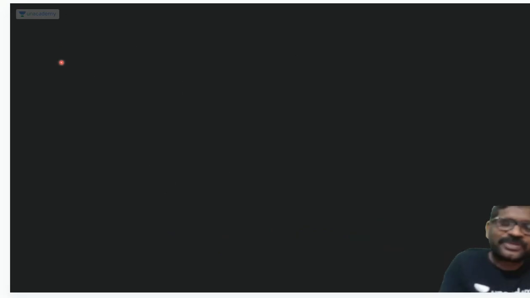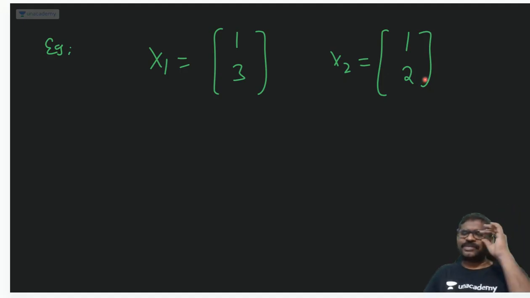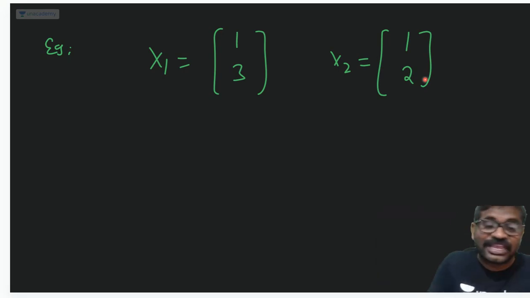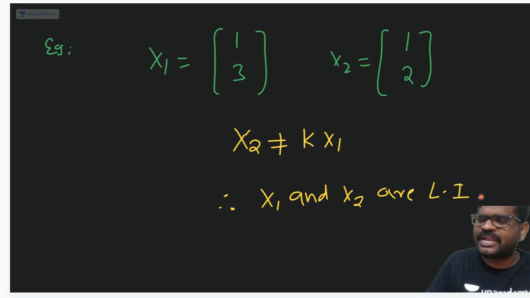Another example: X1 is 1, 3, X2 is 1, 2. Is it possible to express the second vector as a scalar multiplication of the first vector, or the first as a scalar multiplication of the second? Not possible. X2 cannot be written as k times X1. Therefore, X1 and X2 are linearly independent.